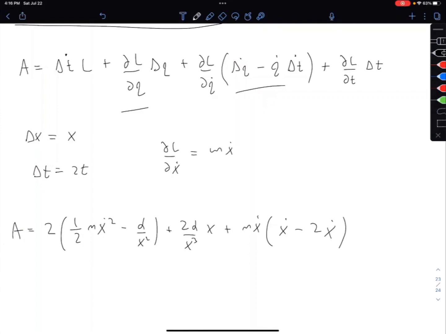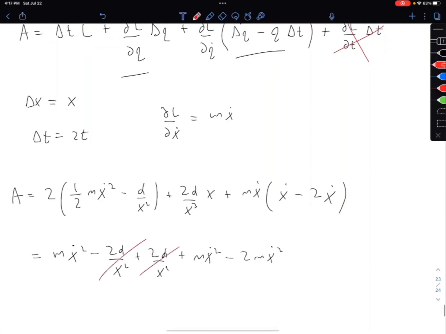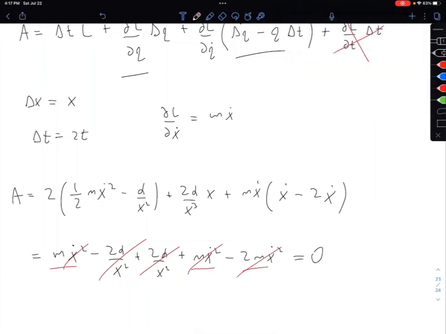And then this term is 0 because the Lagrangian doesn't depend on time. If I expand this, I get m x dot squared minus 2 alpha over x squared plus 2 alpha over x squared plus m x dot squared minus 2 m x dot squared. I see that these terms cancel, and this cancels with this. So this whole thing is just 0, as expected.